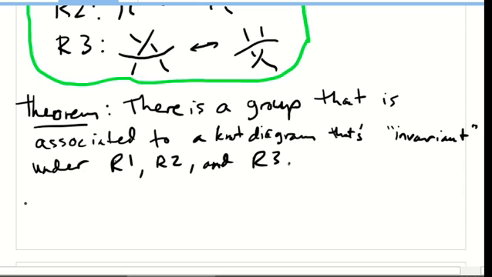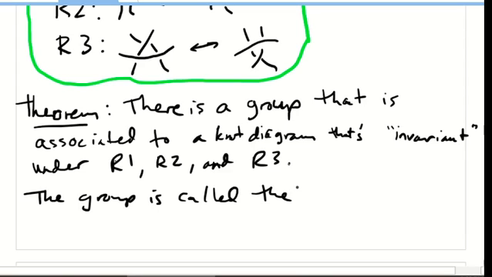All right, so a knot invariant is like a function from the equivalence classes of knots that's well defined. Okay, so in other words, this group is called the fundamental group of the knot exterior.